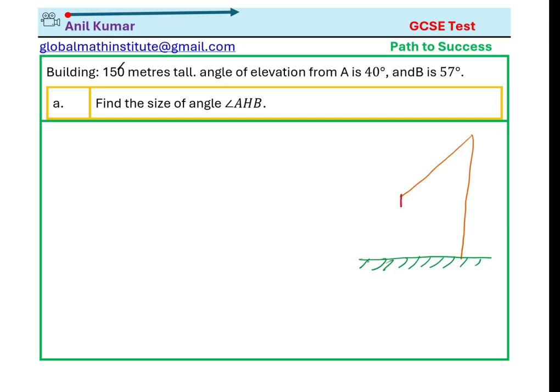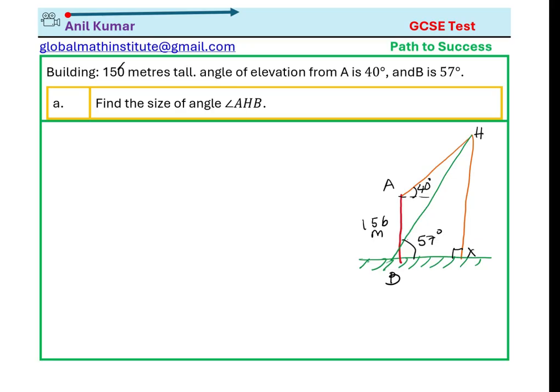So that is a part of the building, and we have these two angles, 40 degrees, 57, and this height is 156. Great. ABH. And this is X, making 90 degrees.